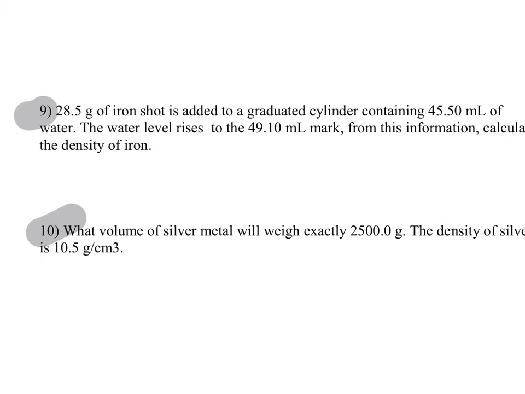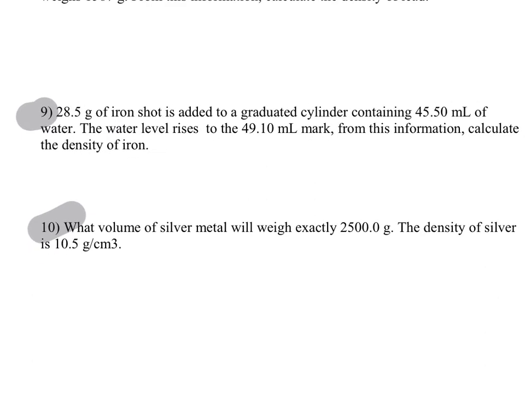Okay. Number 9 in this worksheet says 28.5 grams of iron shot is added to a graduated cylinder containing 45.5 milliliters of water. The water level rises to 49.10 milliliters. From this information, calculate the density of iron. Okay, so this one's a little tricky just because it involves an extra step, but that's okay. It says 28.5 grams of iron shot.